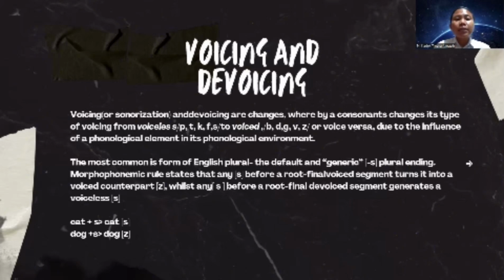The most common is the form of the English plural, the default and generic S plural ending. The morphophonemic rule states that any S after a root-final voiced segment turns into its voiced counterpart Z, whilst any S after a root-final voiceless segment generates a voiceless S. For example, the word cat plus S becomes cats, and dog plus S becomes dogs.